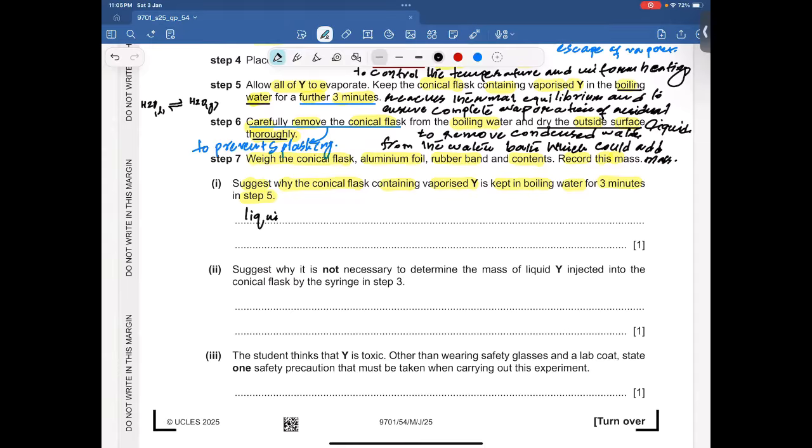Liquid Y needs to be evaporated fully and also reach thermal equilibrium.